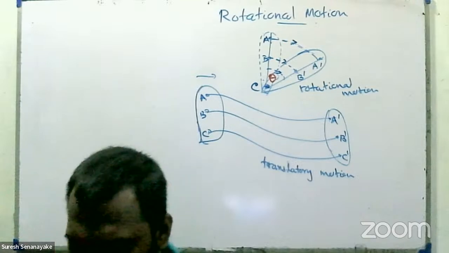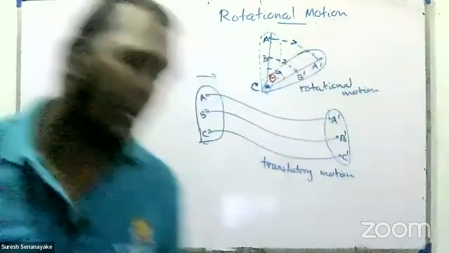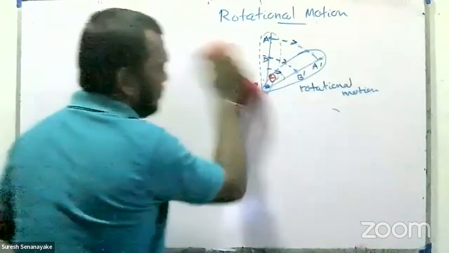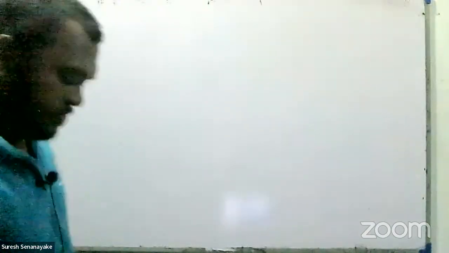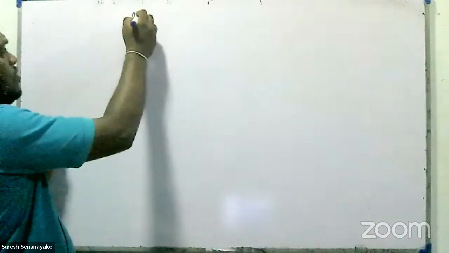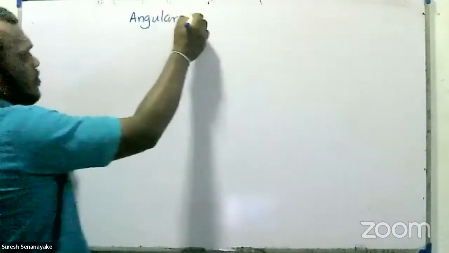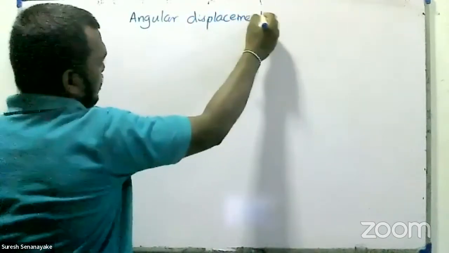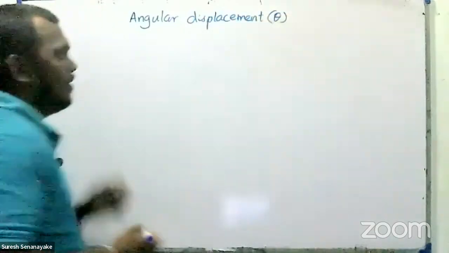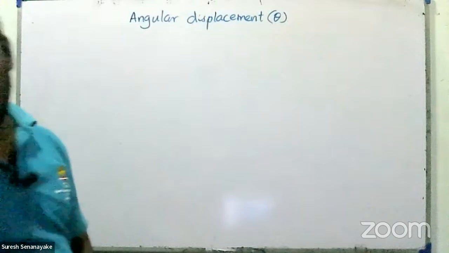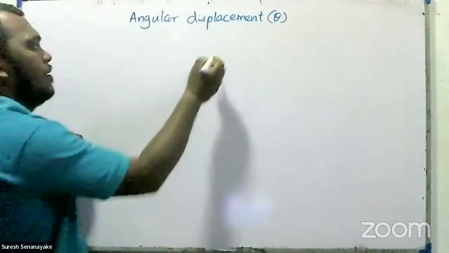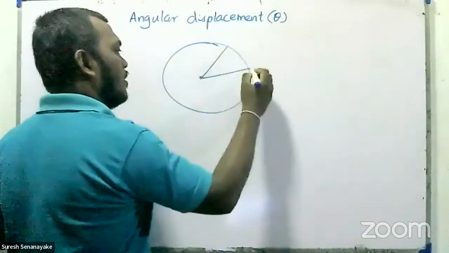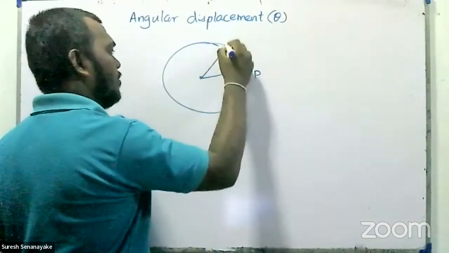Then, the term to talk about: just write angular displacement. The particle is moving from P to Q here.